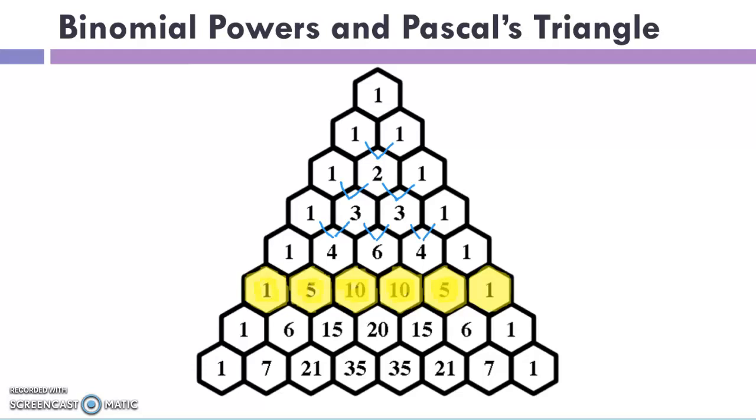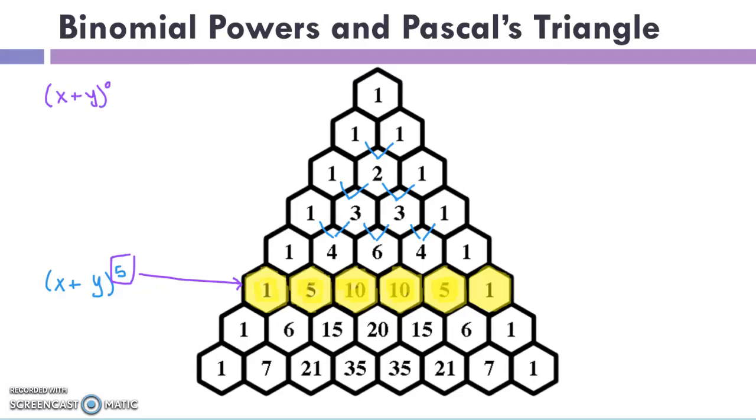Now, we were curious about x plus y to the 5th power. That 5th power correlates to this line right here, which happens to be the 6th line, because we started at x plus y to the 0 power.